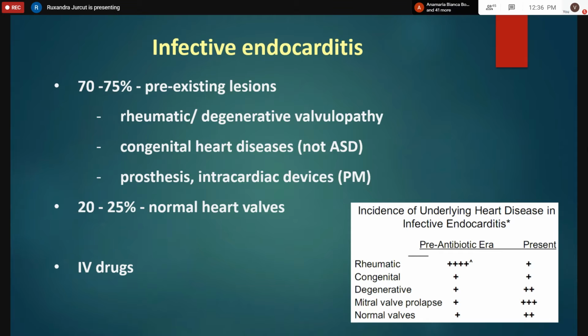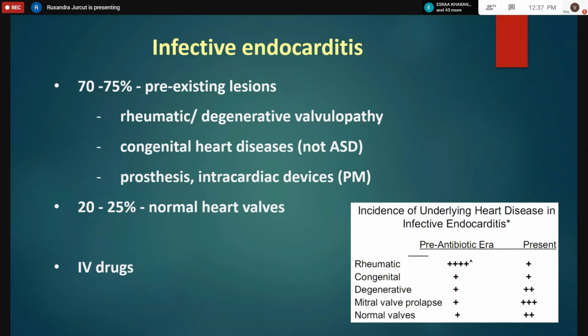Still, of course, it needs to have a cause or a context where the endocarditis appears, meaning that even if the heart valves are normal, there should be something abnormal happening. This can be a septicemia, a systemic infection, sepsis, usually with staphylococcus, because it is quite aggressive to the cardiac structures.